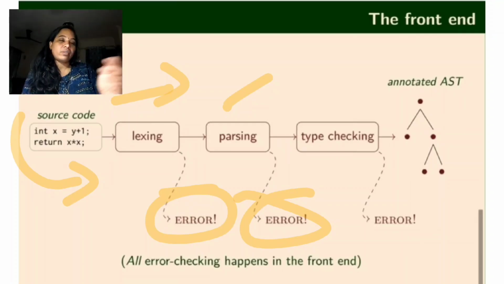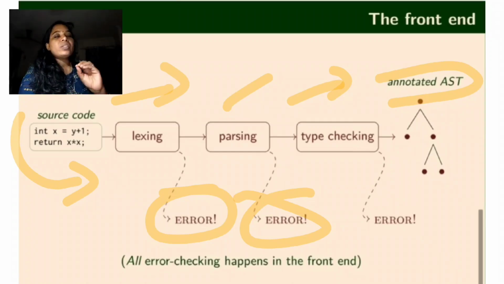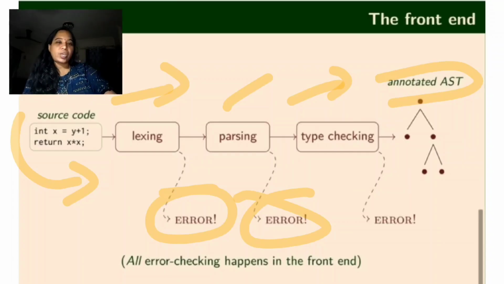Then the next stage is type checking, and the fourth one is the AST, a graph methodology. In which mode does all the error checking happen? Front end only, not back end. So on the front side only I check all the errors. That is front end compiler checking.